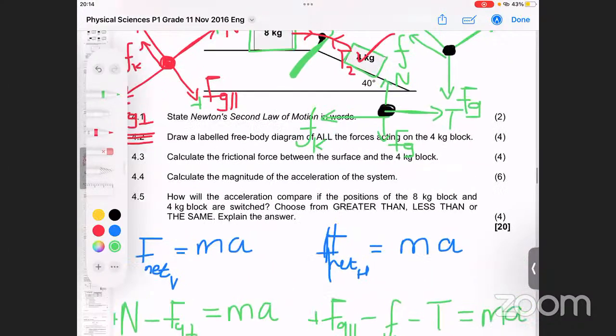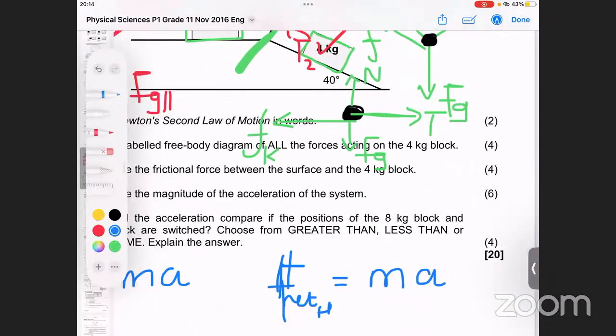So now we need to do the equation of motion for this 8 kg. How will it look? Remember, F net equals MA, meaning towards the right we've got tension. Frictional force will always oppose that one, that which is supposed to be equal to MA.